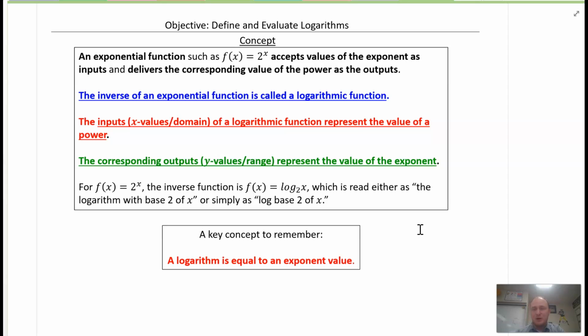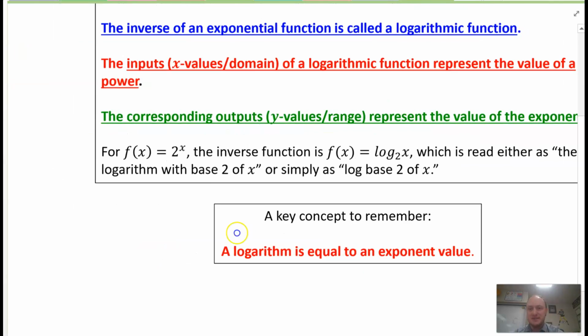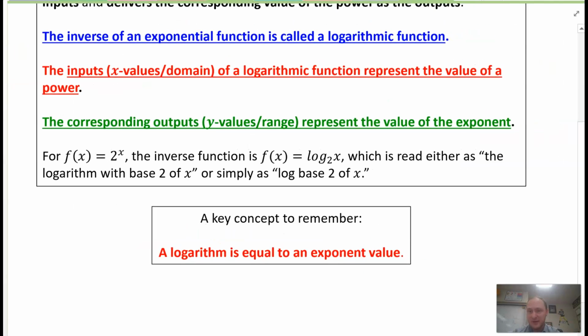Now, an important thing to remember about logarithms is that logarithms have bases, just as exponential functions have bases. For a function 2 to the power of x, the inverse, which is a logarithm, is going to be read as log base 2 of x.